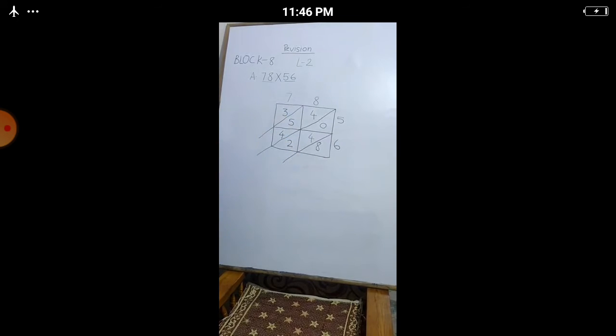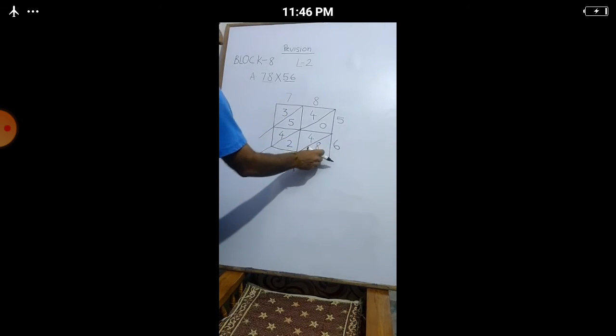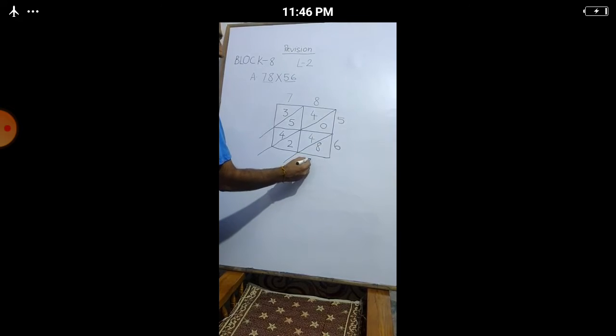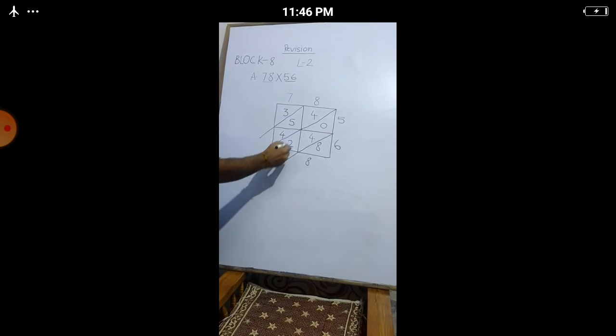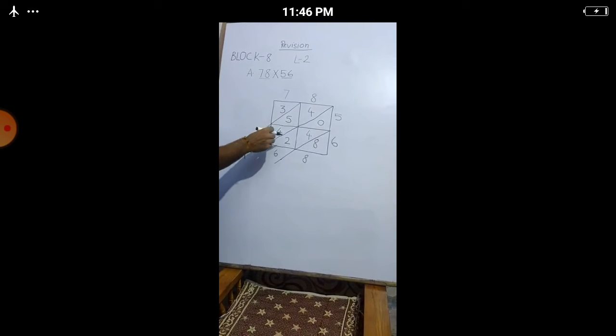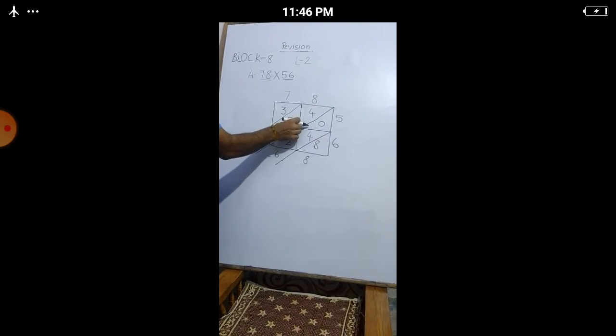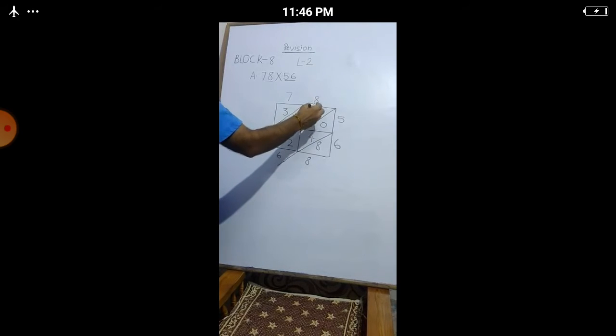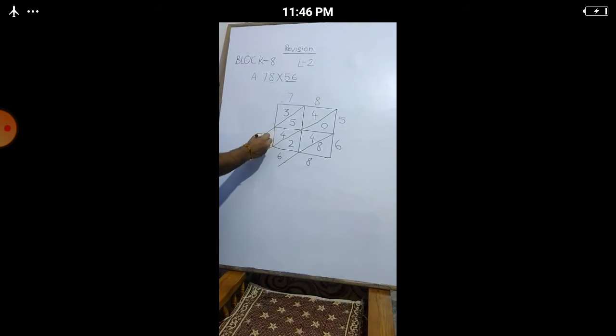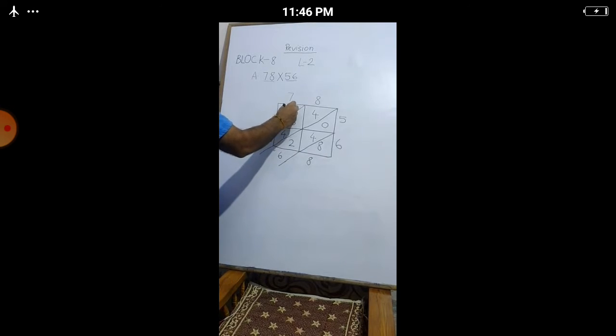Now children, I am going to add. So here single 8, so I will write here 8. Now children, 2 plus 4 is 6. 6 plus 0 is 6. Now children, 4 plus 5 is 9. 9 plus 4 is 13. Children, here we will write 3 and carry 1.